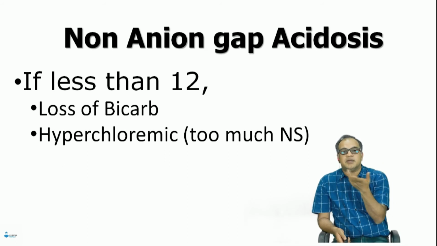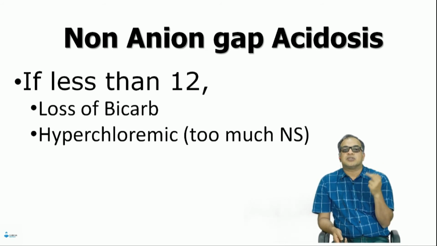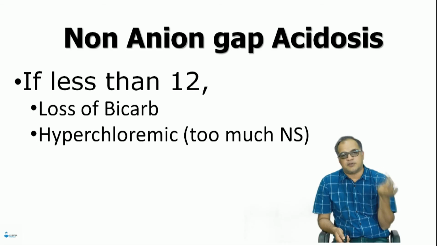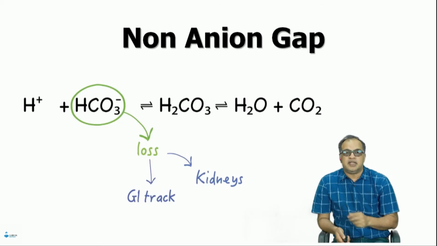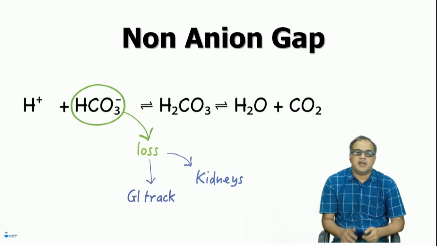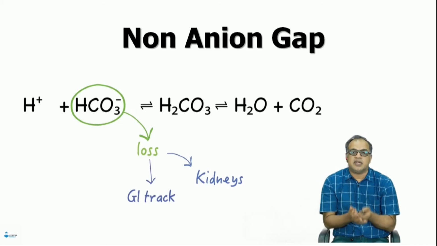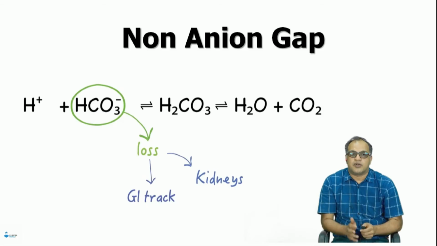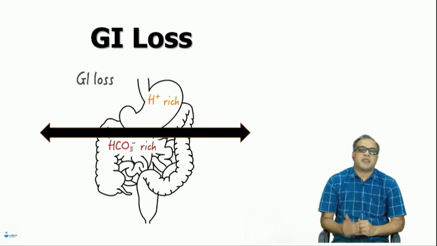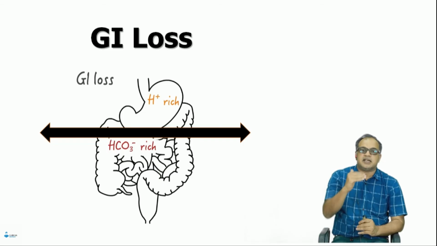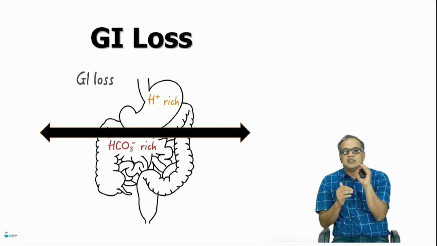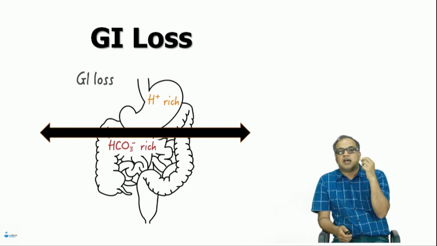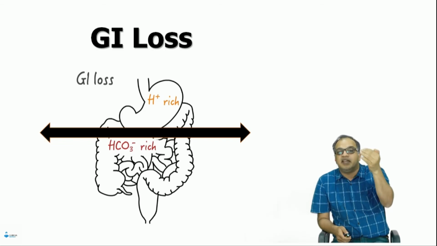Similarly, if the anion gap is normal, it could be because of loss of bicarbonate. You can lose bicarb in two ways: from the GI tract or from the kidney. Now your GIT is basically divided into two portions by the pancreas. The things above the pancreas are H-ion rich or acidemic.